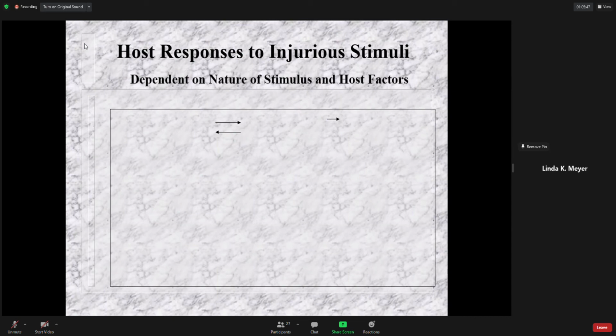Categories of host responses is that we can think of the response as being along a continuum. So the host response could be an adaptation to the stimulus, for example, analogous to a tree swaying or blowing in the wind.